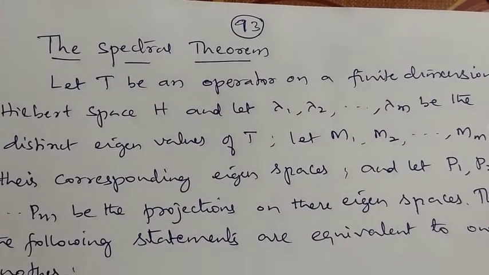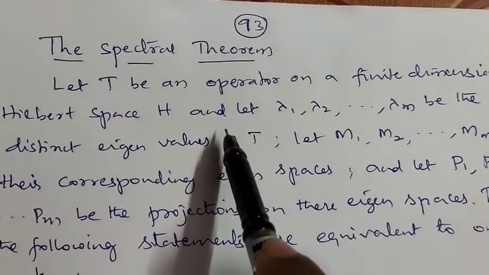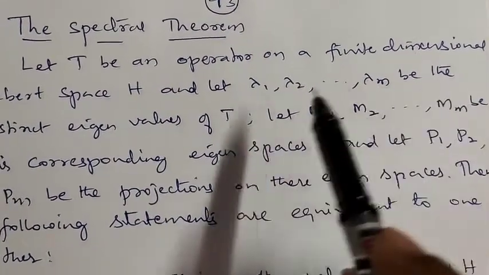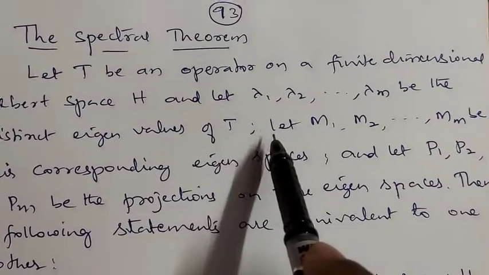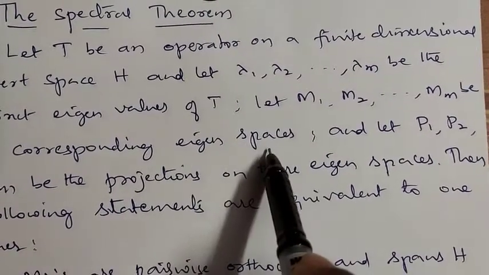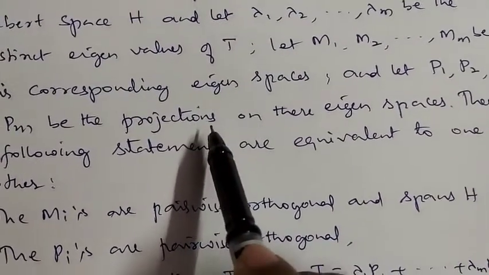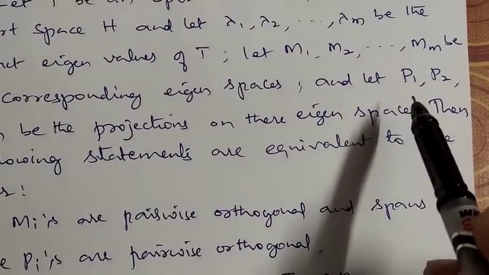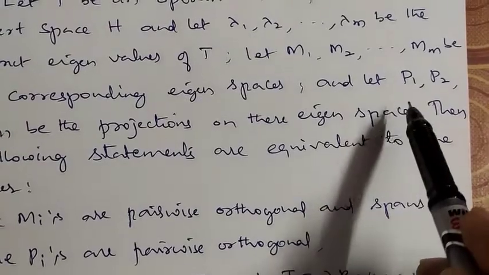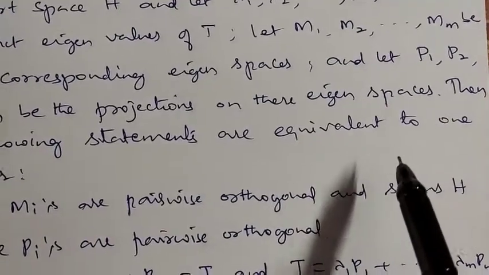It states: if T is an operator on a finite dimensional Hilbert space H, and if lambda 1, lambda 2, etc., lambda m are the distinct eigenvalues of T, and M1, M2, etc., Mm are the corresponding eigenspaces, and let P1, P2, etc., Pm be the projections on these eigenspaces, meaning the range space of P1 is M1, the range space of P2 is M2, and so on. Then the following statements are equivalent to one another.